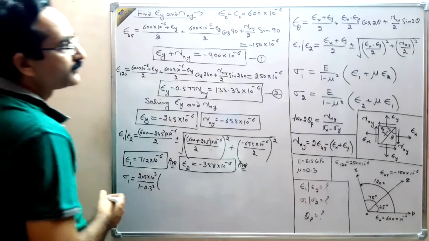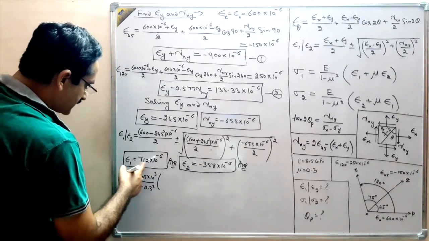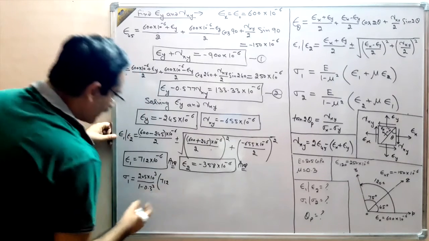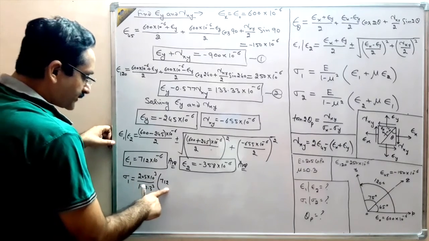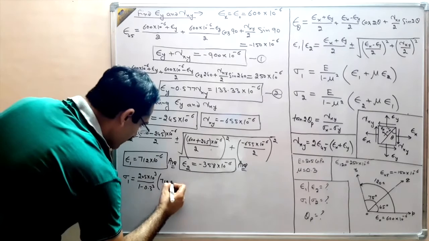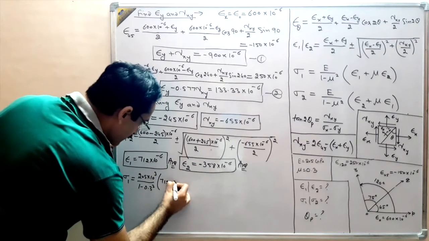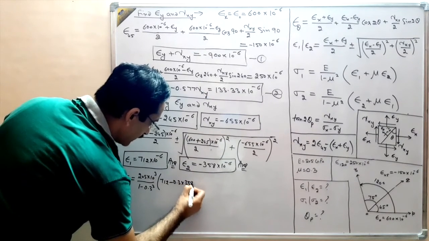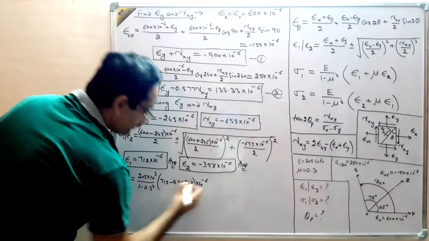Epsilon 1 we have calculated as 712, and the 10 to the power minus 6 can be multiplied separately. So epsilon 1 plus mu epsilon 2, where epsilon 2 is minus 358 multiplied by 10 to the power minus 6.